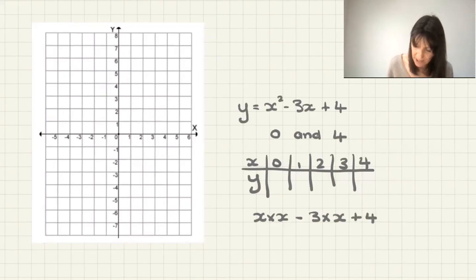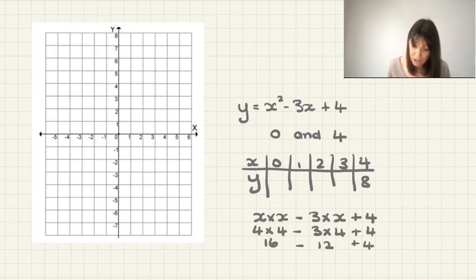So the first number that I'm going to put in is the 4 from the table here. So everywhere there's an x, I'm putting a 4. So 4 times 4 is 16. Take away 3 times 4, which is 12. 16 take 12 is 4. Add this 4 on the end, and I've got 8.